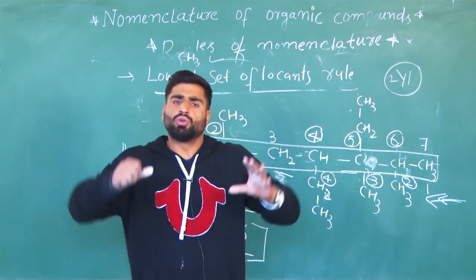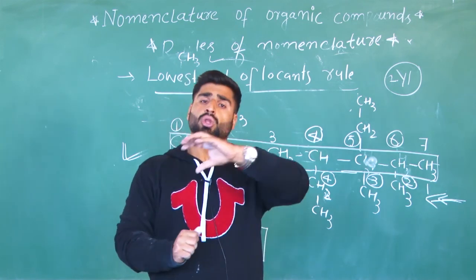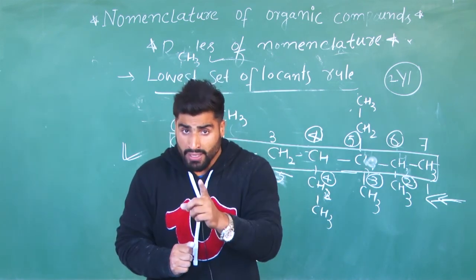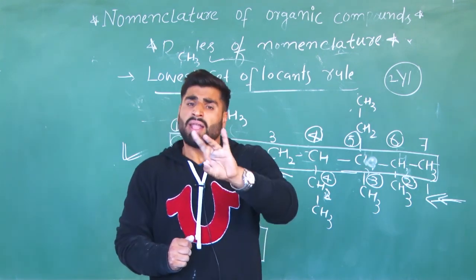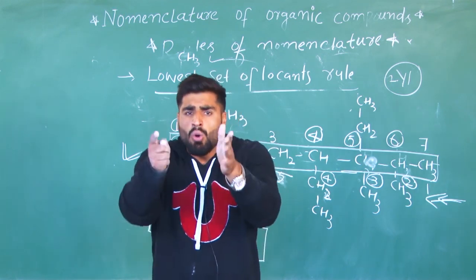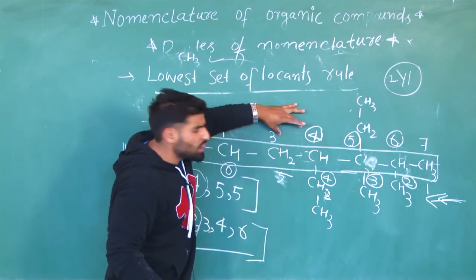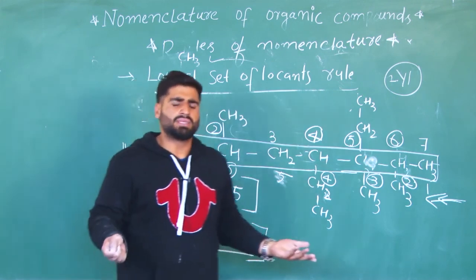So again, you will be taking many examples. In all those examples, you will be using the lowest set rule. But there is another rule, the lowest sum rule. In the lowest sum rule, we simply add these locants in this group and in this group. We get the same result.